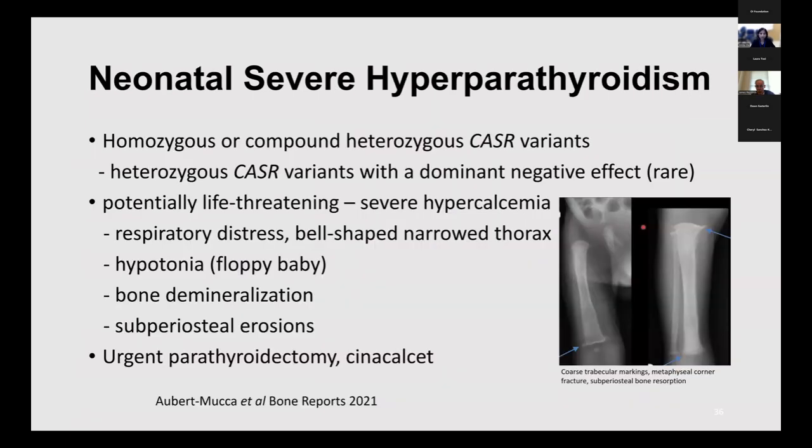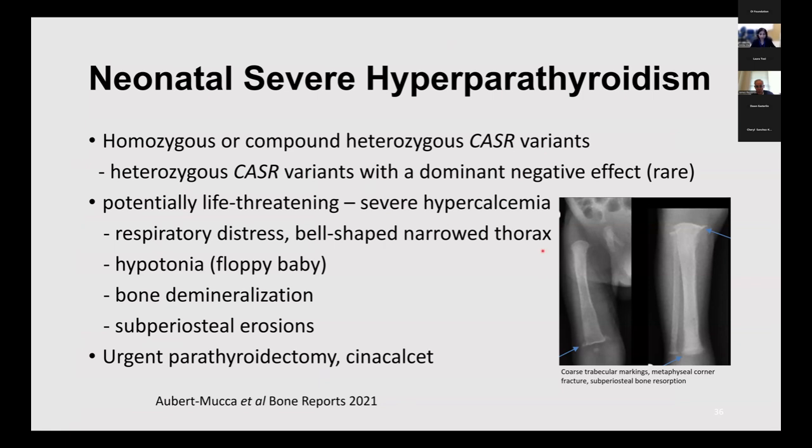Rarely, the calcium sensing receptor can be mutated in homozygous or compound heterozygous variants, which result in what we call neonatal severe hyperparathyroidism. These infants present with severe hypercalcemia, which is potentially life-threatening.